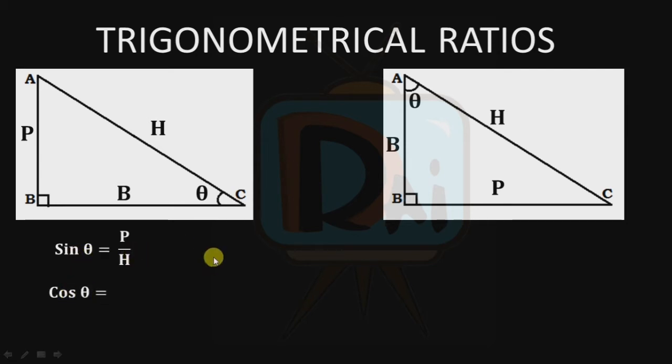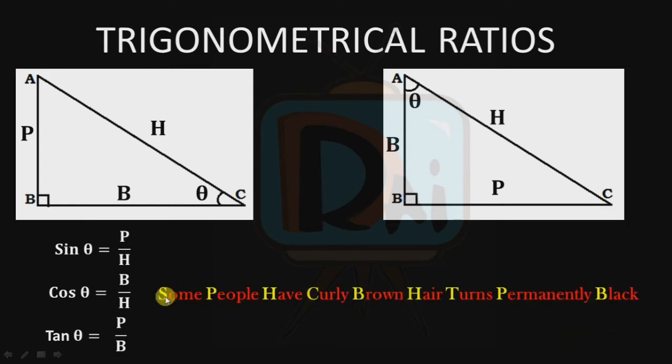Now cos theta is the ratio of base and hypotenuse, whereas tan theta is the ratio of perpendicular and base. It's very easy to remember like this: Some people have curly brown hair turns permanently black.